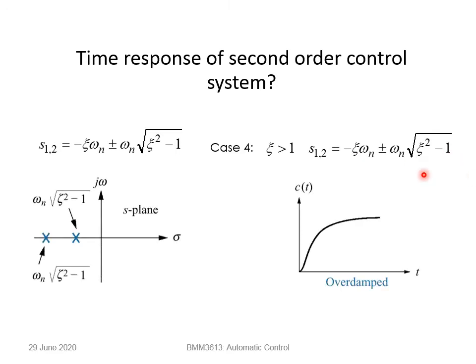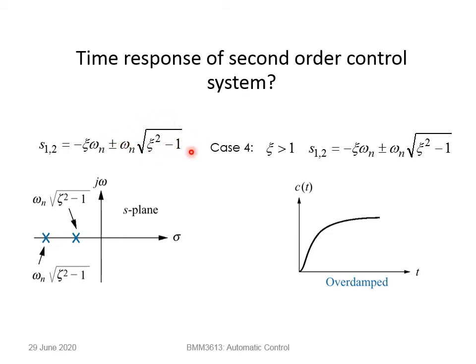But in this case, is zeta square minus 1 negative? It will not be negative. Why? Because zeta is larger than 1. A number larger than 1 minus 1 means the term here is positive. So the term inside the square root is positive. So it's plus or minus a real term. This is not a complex term.